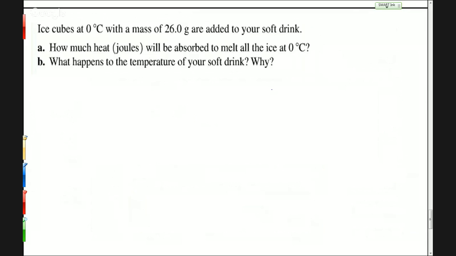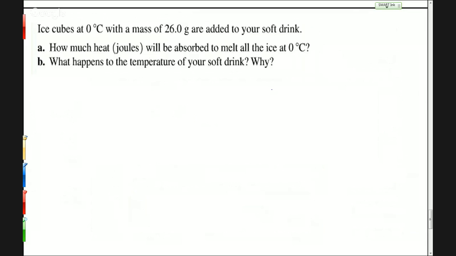All right, ice cubes at 0 degrees C with a mass of 26 grams. So 26 grams of ice total are added to your soft drink. How much heat in joules will be absorbed to melt all the ice at 0 degrees C? So in this case, the ice isn't changing temperature, but the ice is melting. So we have to figure out how much energy is being released.